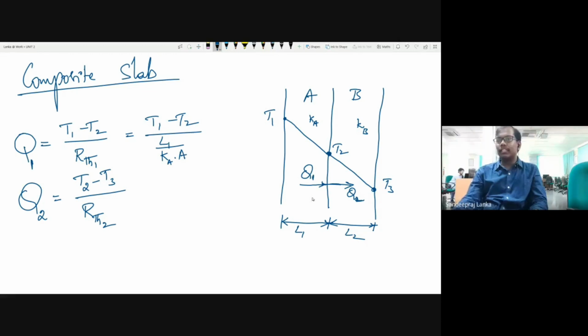The area is anyway the same for both. So area A is equal to area B. The contact that is shared by these two is the same. So the area perpendicular to the direction of heat transfer is the same in both cases. So here I take T2 minus T3 by L2 by KB into A.